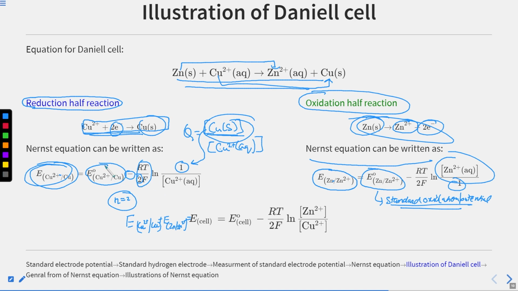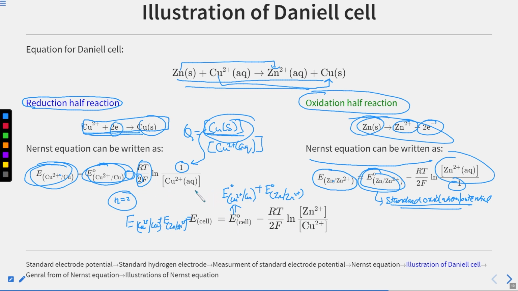Upon adding these, we get E0 cell, which is basically E0 Cu2+/Cu plus E0 Zn/Zn2+. This will be our E0 cell minus RT by 2F.